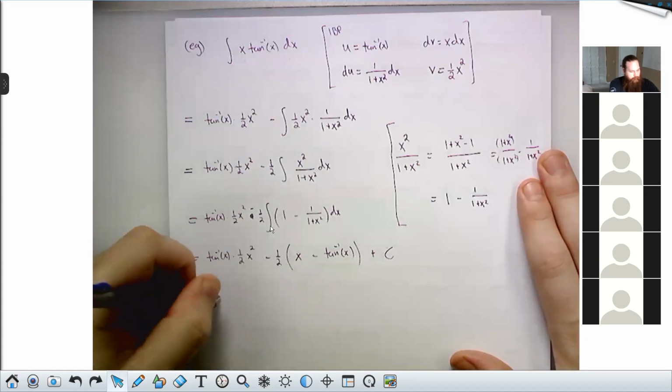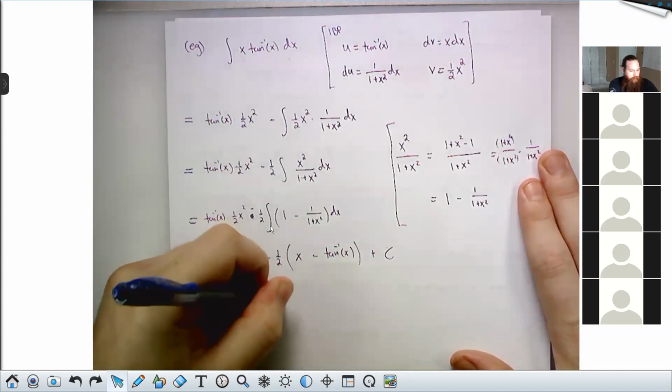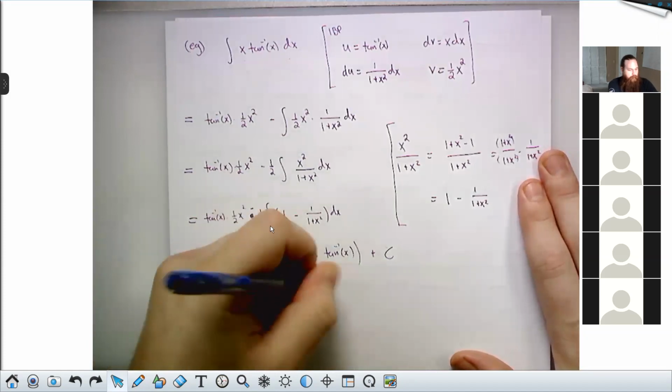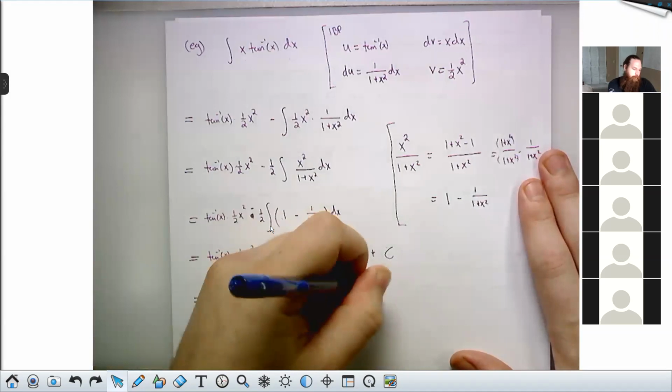So this is 1/2 x squared times inverse tangent of x minus 1/2 x, and then minus makes plus 1/2 inverse tangent of x plus c.